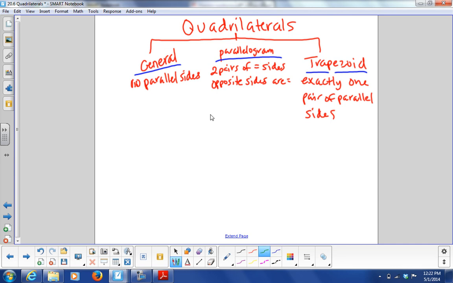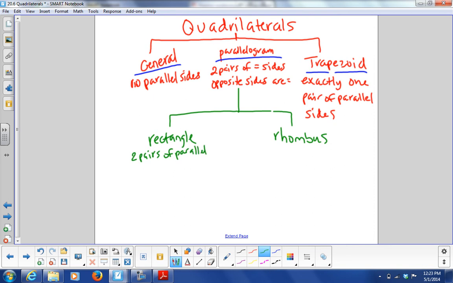Now we take our parallelogram, and that parallelogram is also broken up into two. I have my rectangle and my rhombus. A rectangle has two pairs of parallel sides, with opposite sides equal, and 4 right angles.